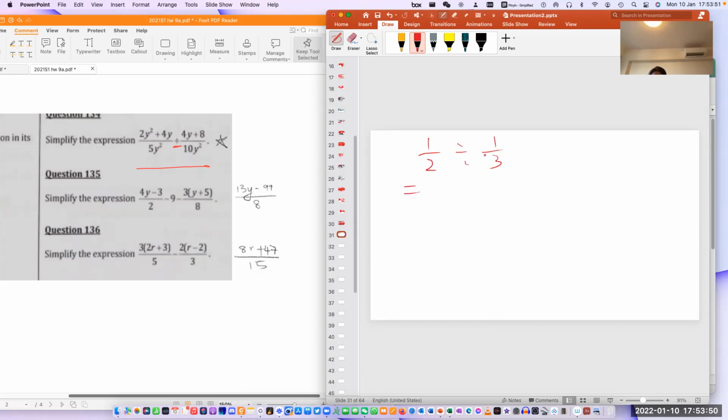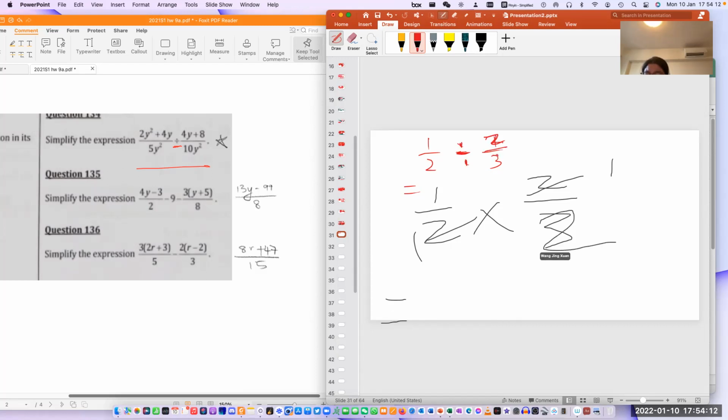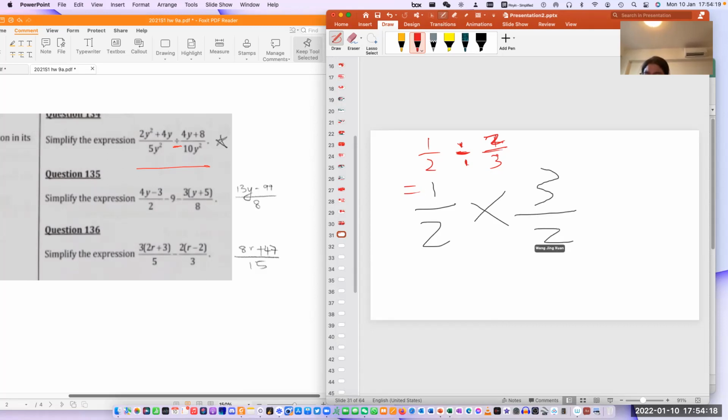Can you tell me how you do this question? Show me on the empty space. Or probably this. Yeah, 2 over 3 divide 2 over 3. Okay, good.